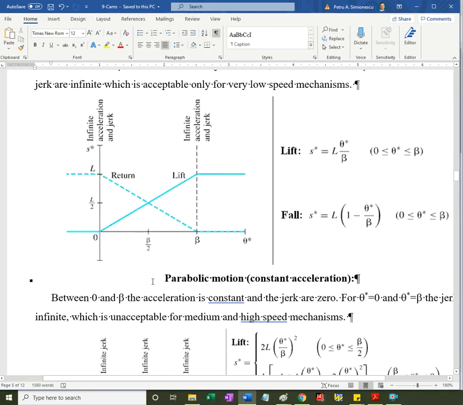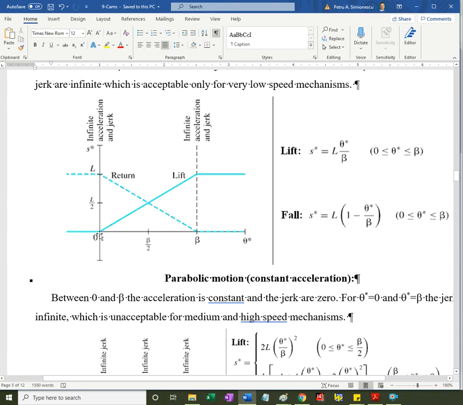If you associate a reference frame, this 0 will definitely be above a horizontal through the center of the cam. For linear lift or return, once you select the amount of cam angle for the lift or the return, beta, and once you know the amount of lift, then this would be the equation of the follower displacement.